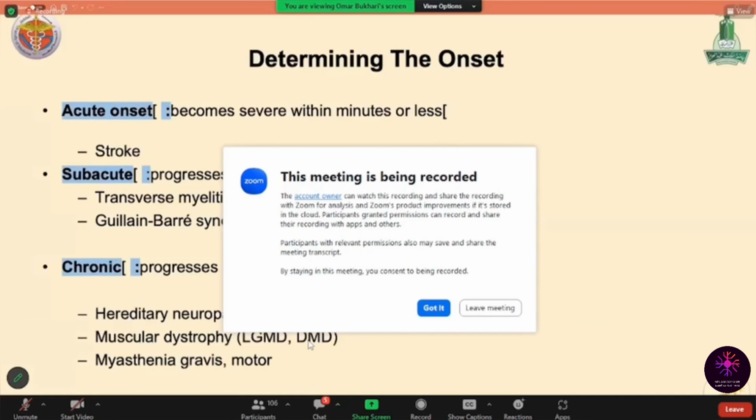Determining the onset of symptoms is very vital to have a differential diagnosis for diseases. Acute onset usually becomes severe within minutes or less. So from seconds to minutes, this can suggest stroke, migraine, or seizure.